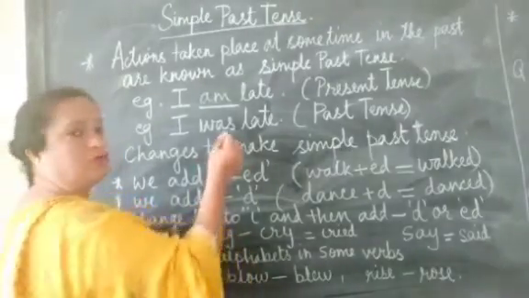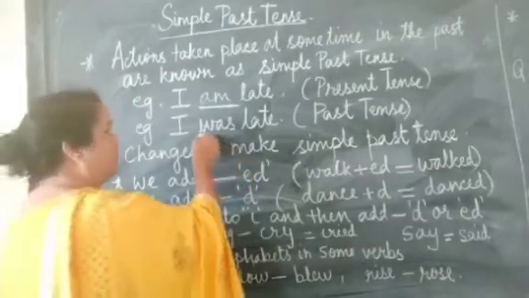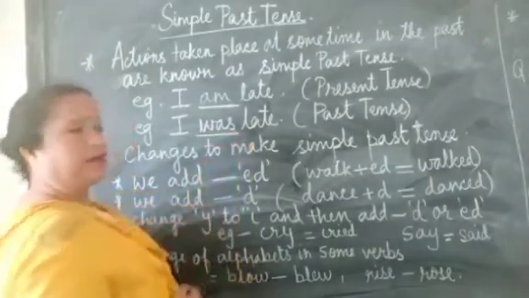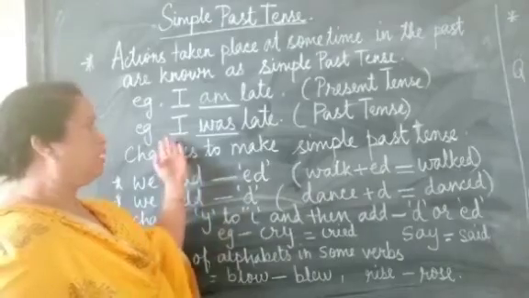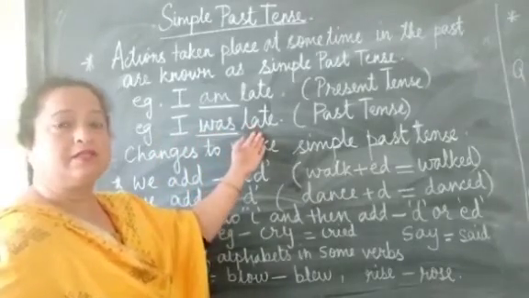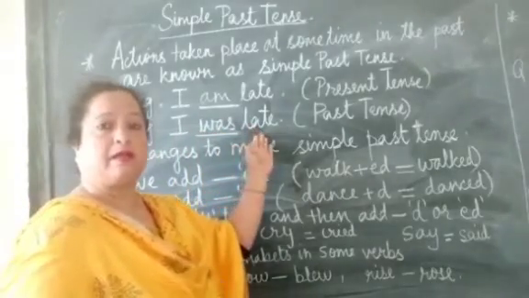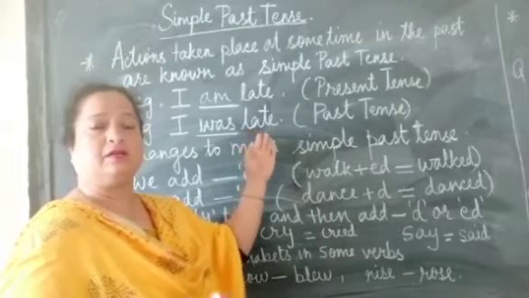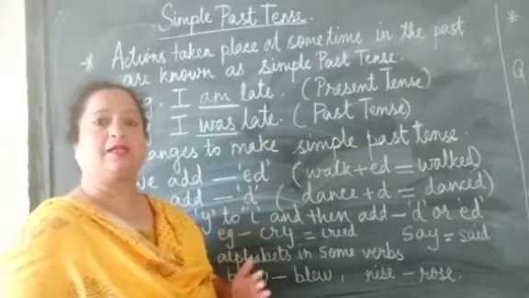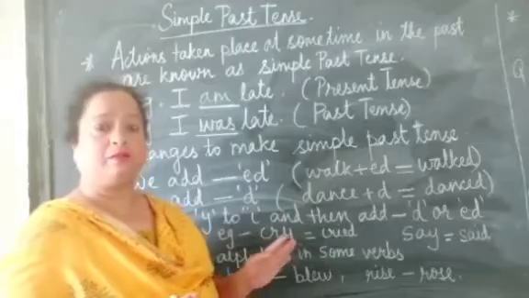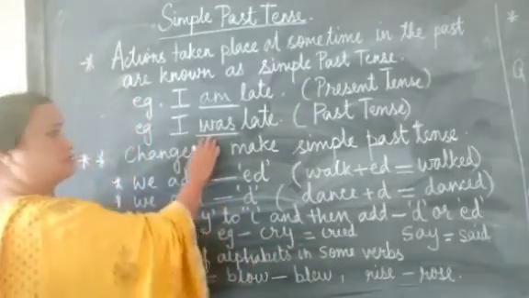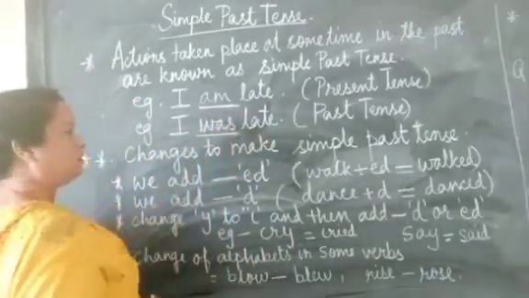So what do I do to change it into the past tense? I change am and I write was. I was late. This sentence shows me an action that was done earlier. I was late earlier, but now I am not. So this sentence is an example of the past tense.